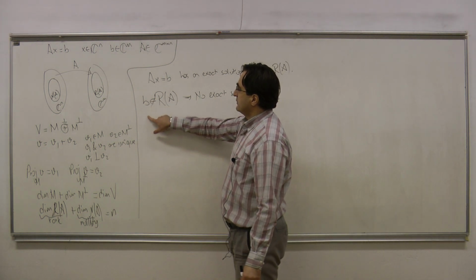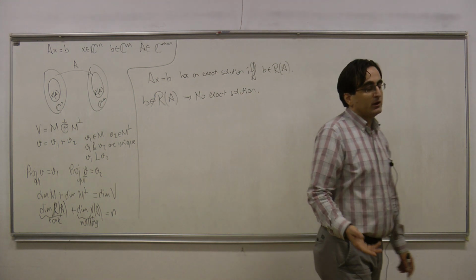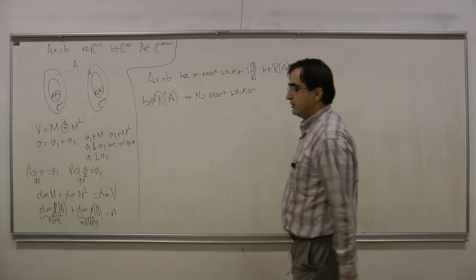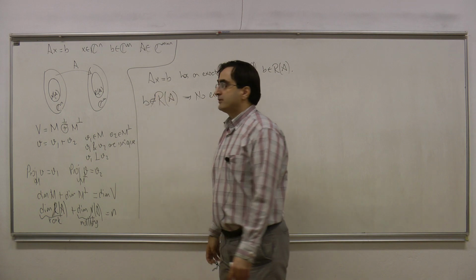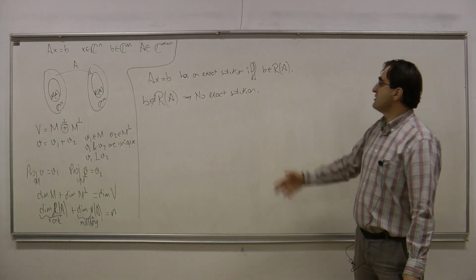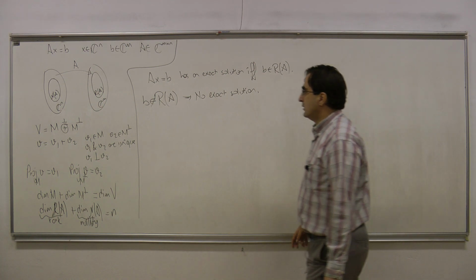In some sense would mean a very specific thing in this course, but in general, you can change that and obtain infinitely many different solutions for Ax equals B, even when B is not in the range space of A, using different approximations.